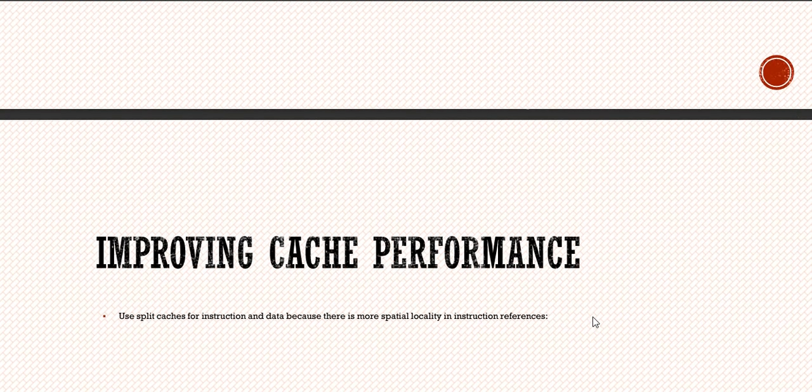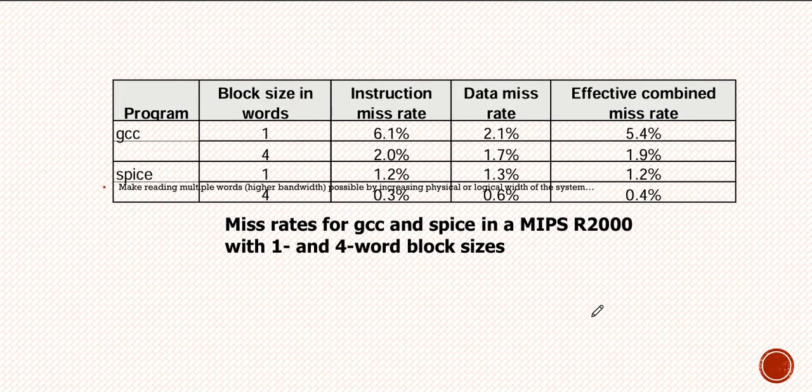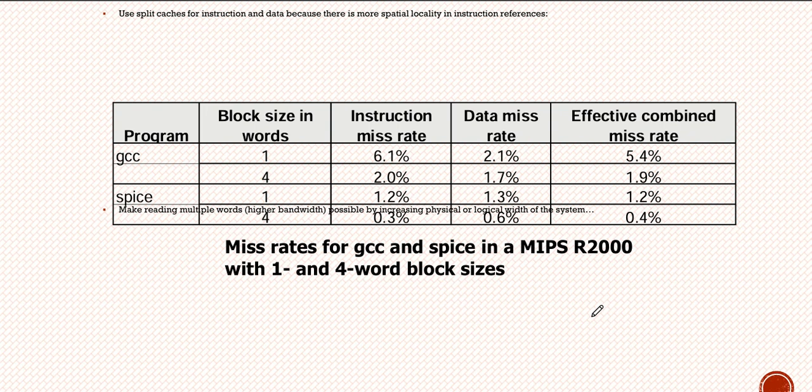So that's the cache. The next part is just improving the cache performance. I don't know if you should do this, but let's do it. So they realized that they use two programs, which we call benchmark programs, because they are used to analyze the PC performance.